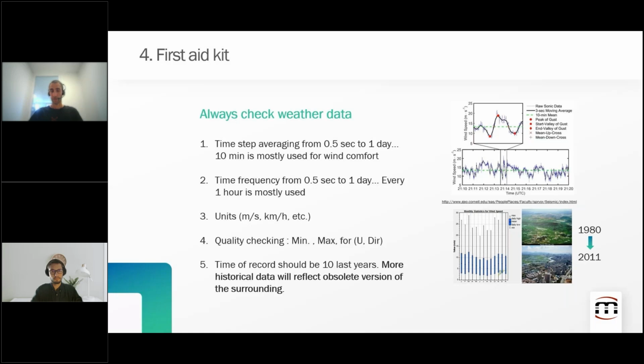The next thing is quality checking. Always check the mean and the max for the speed and the direction. I'm thinking about when you have a value of 999 for wind direction or speed.